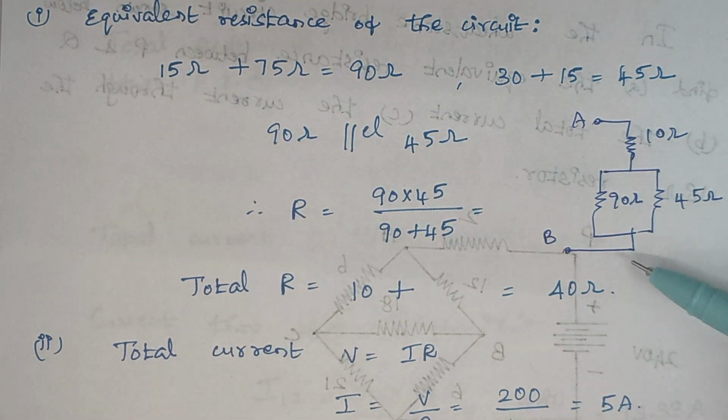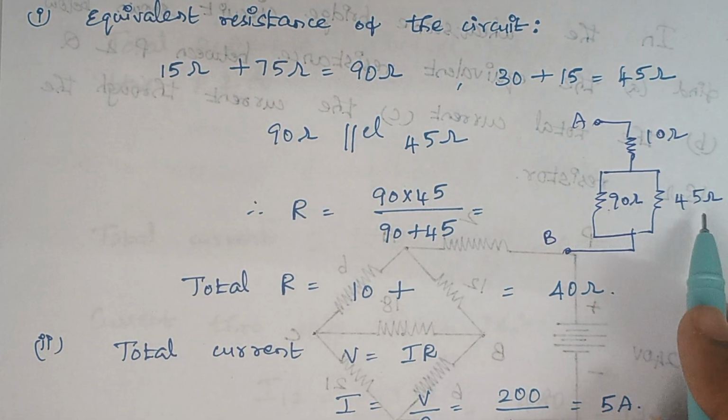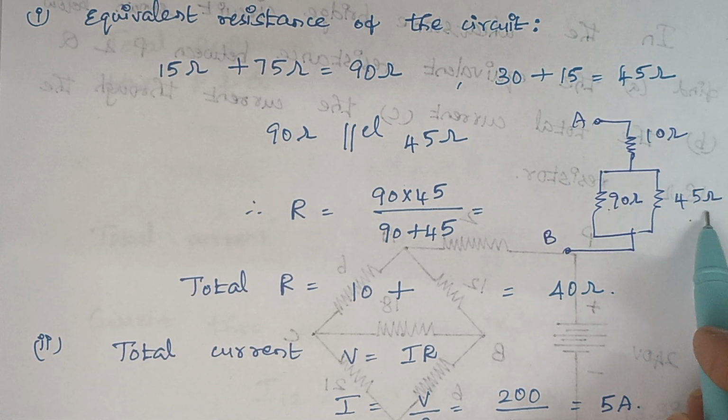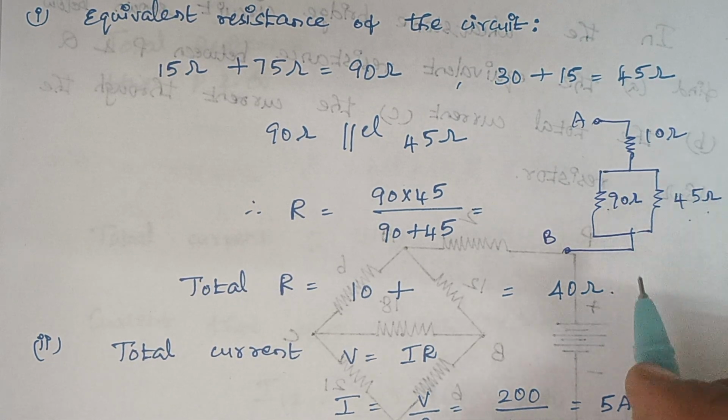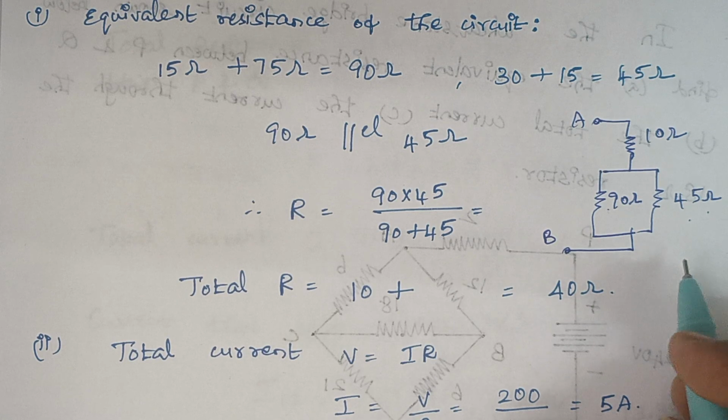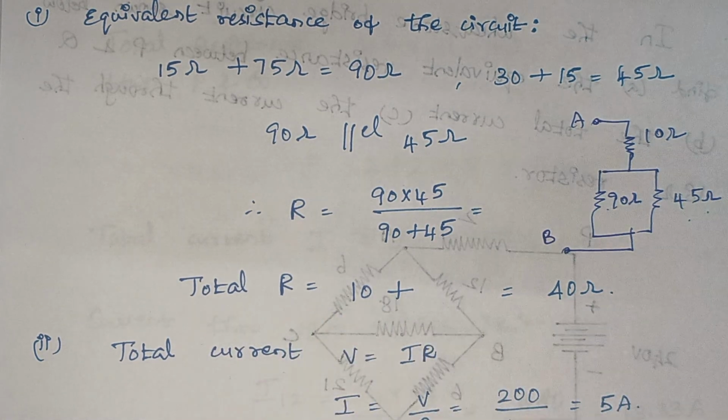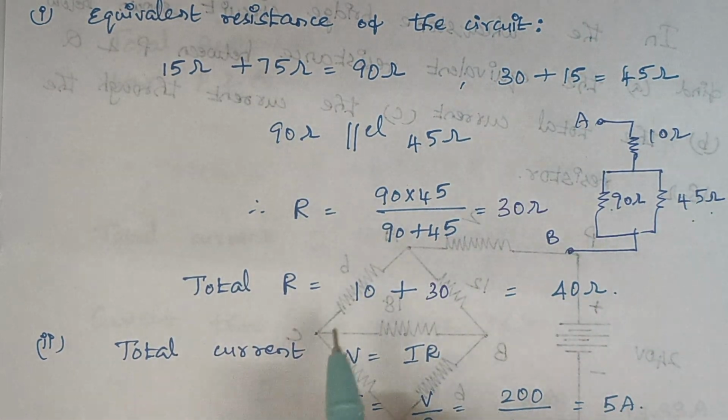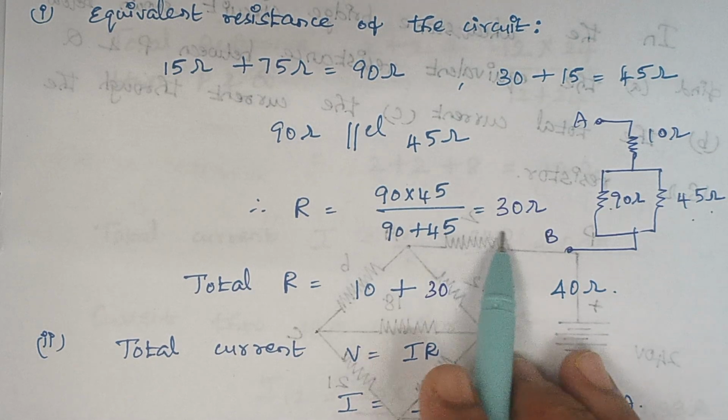Now again when you look at this diagram, this 90 ohm and 45 ohm are in parallel. So how to find the total resistance? R1 into R2 divided by R1 plus R2. That gives an answer of 30 ohms.